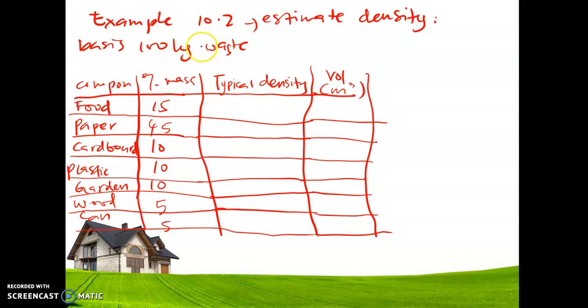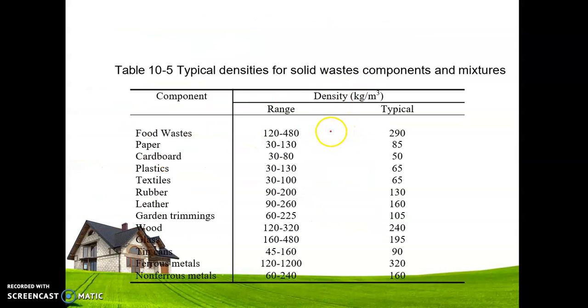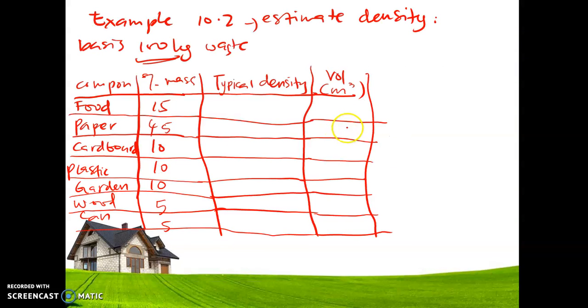As in the previous example, our basis is 100 kilograms of waste, and these are the same percentage of mass values given previously. So you need to fill up these two columns. The typical density you can get from table 10.5.